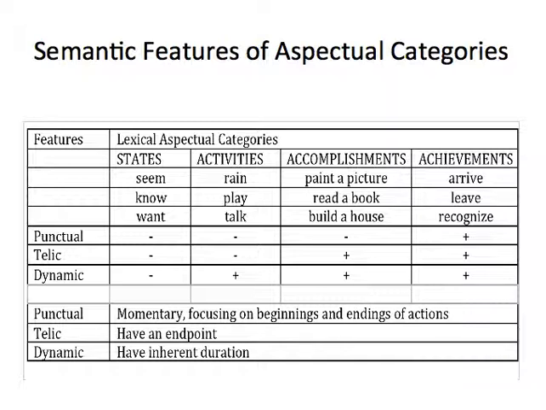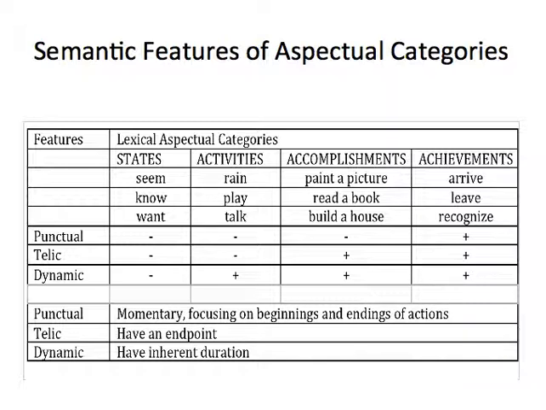There's been various treatments of this, various different versions of it, but this is more or less the basic one that is used when we refer to the lexical aspect of verbs. So, for example, states, and some examples there are seem, know, want. Activities: it's raining, I'm playing dominoes, I'm talking to my friend. Accomplishments usually take a noun phrase.